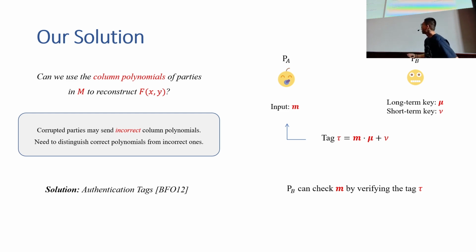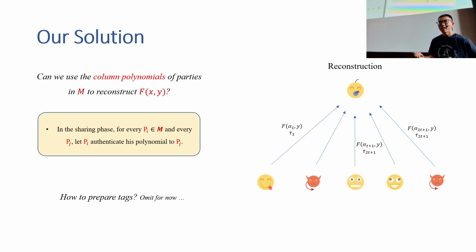So our idea is that in the beginning, during the sharing phase, for every party PJ and for every party PI in M, we want PI to authenticate his column polynomial to PJ.